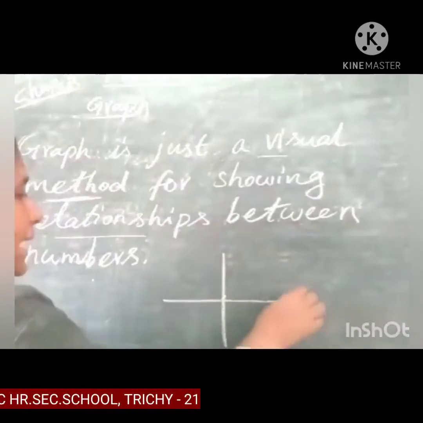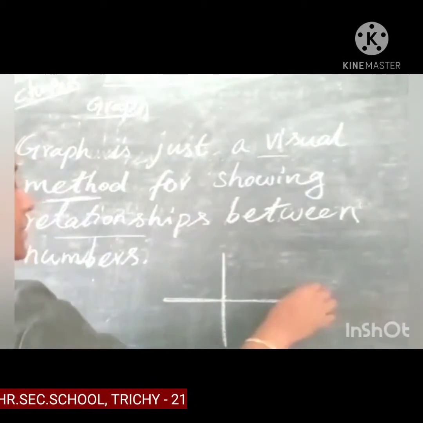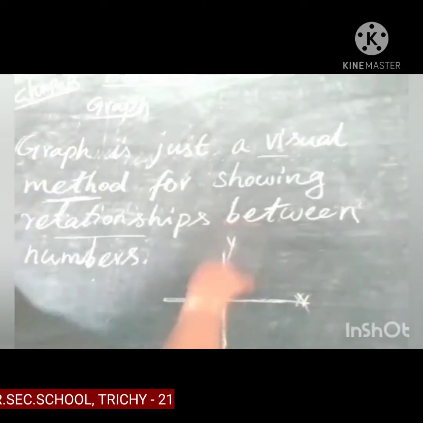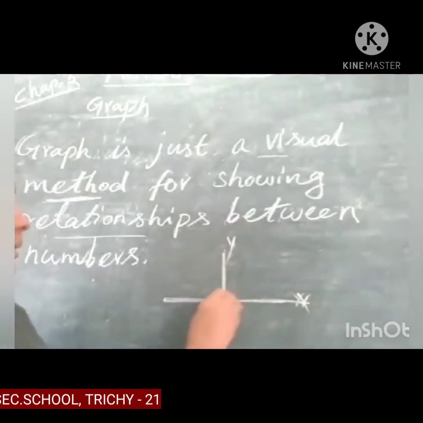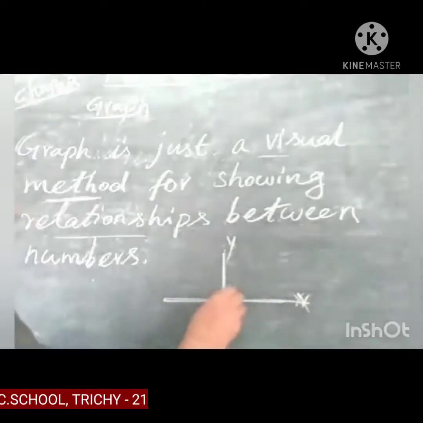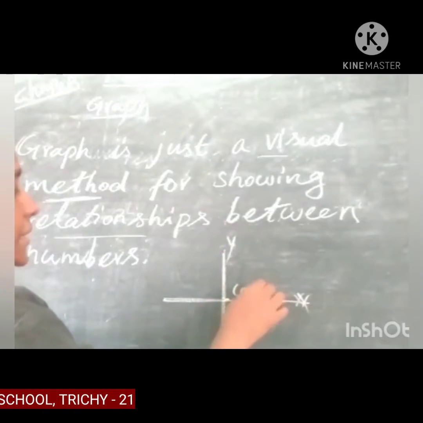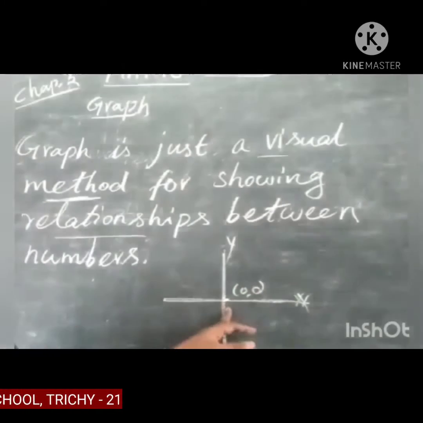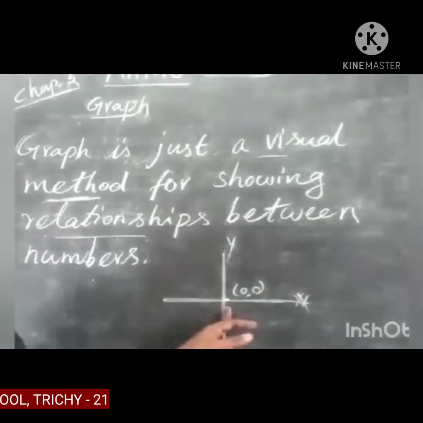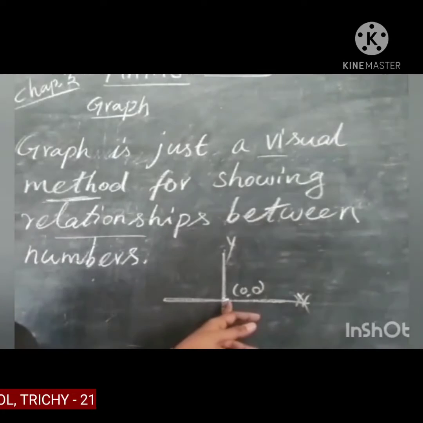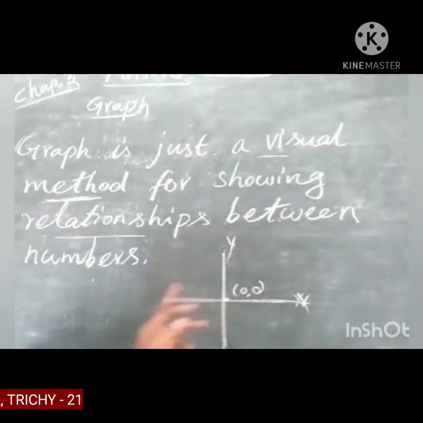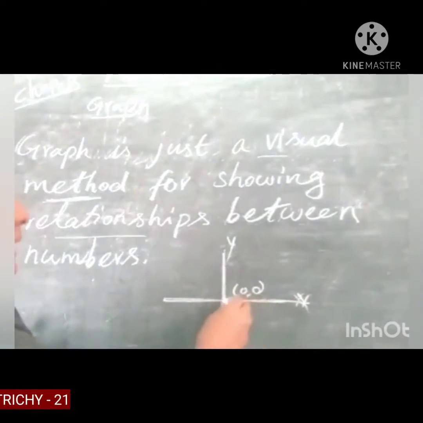The horizontal line is the x-axis, and the vertical line is the y-axis. The two lines cut at one point, that is the origin, which is (0, 0). The middle center point, the intersecting point, is called the origin.